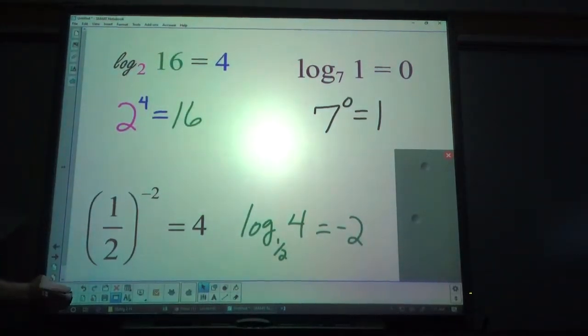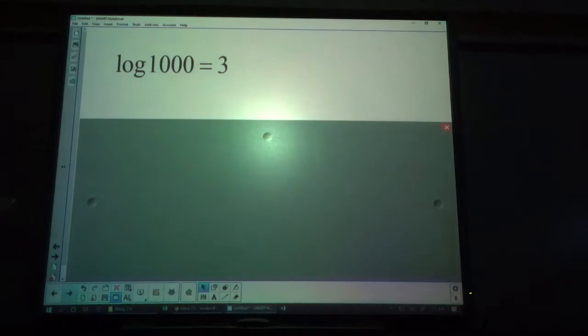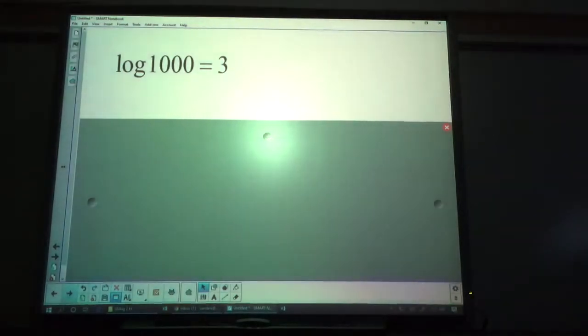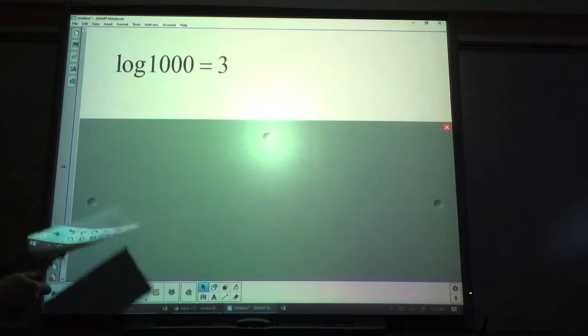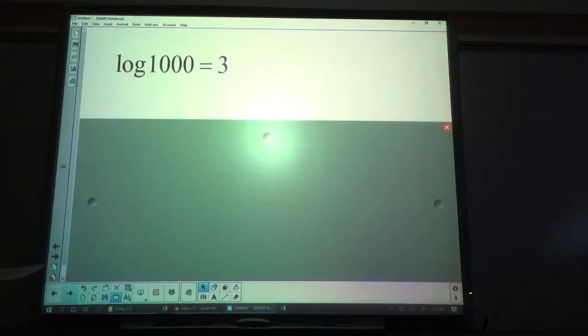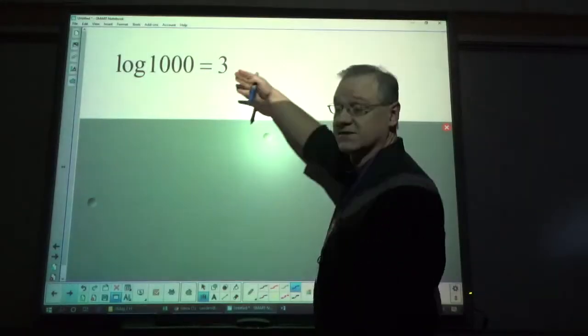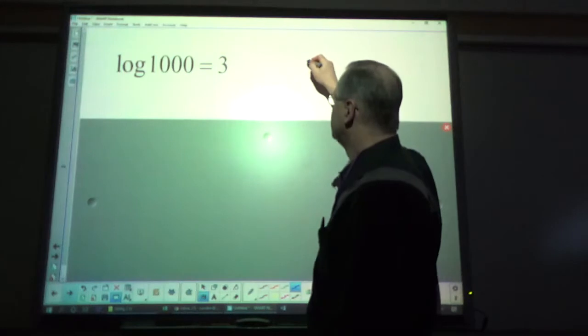I'm sure you'll have lots of questions. Let's take a look at this one. Now we're talking about evaluating a log. Or no, rewriting a log still. Go ahead and try that one. Rewrite that log into exponential form. That's a common log, so it's base 10.